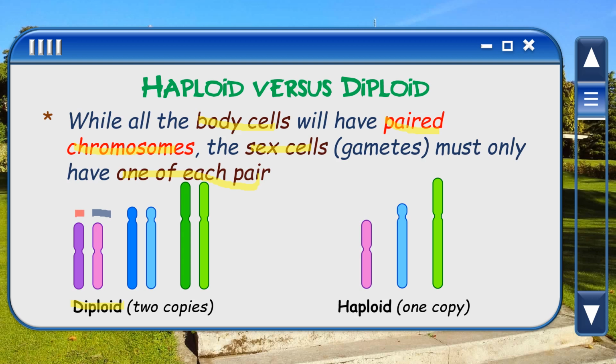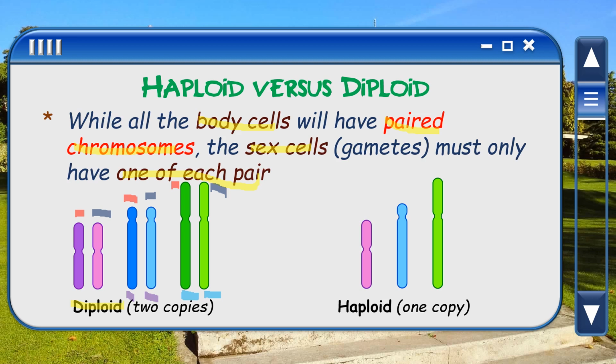Then they have another chromosome number, maybe 13. This is chromosome 13 and this one is chromosome 13, but they are in a pair. One came from the mother and another came from the father. Another one can be chromosome 17, and they exist in a pair as well. These are what we call diploid, and we find them in body cells.